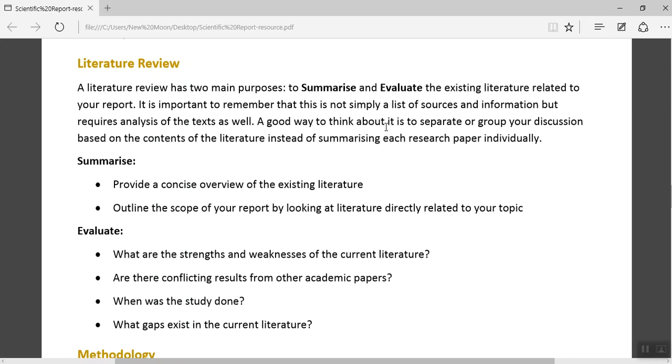A good way to think about it is to separate or group your discussion based on the contents of the literature instead of summarizing each research paper individually. This is actually a technical point. It means that rather than writing a summary of the research papers one by one, it is better to make an outline, and according to the outline read the research question across the papers.